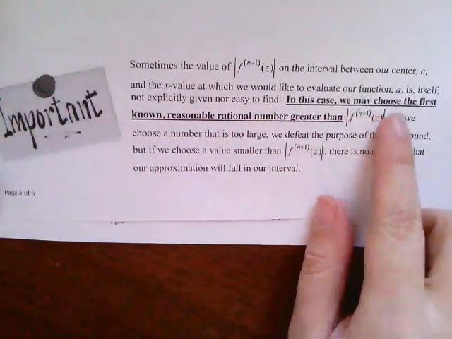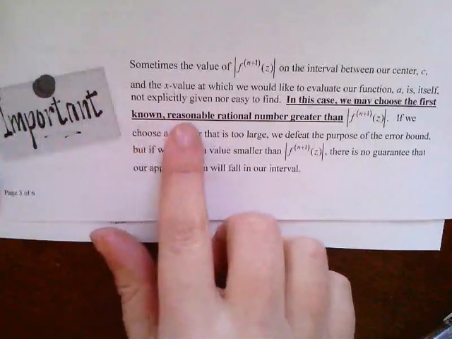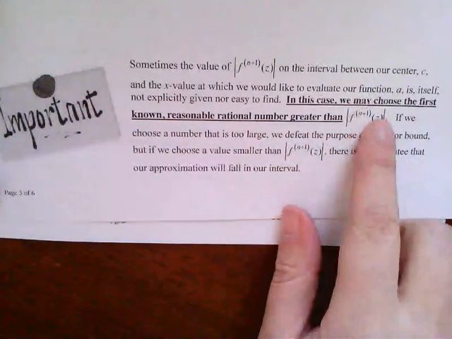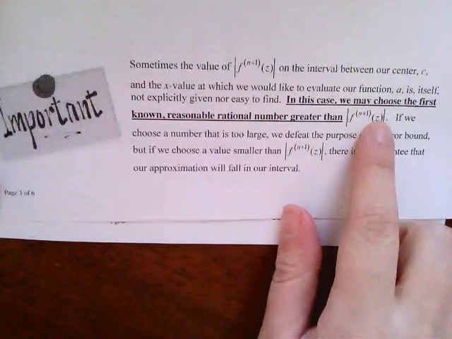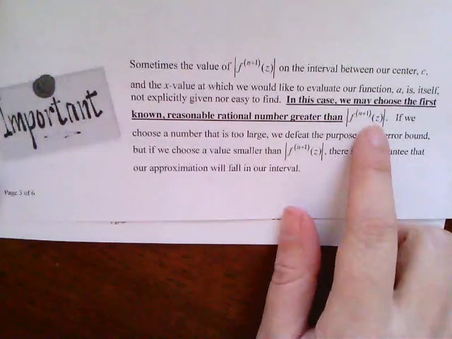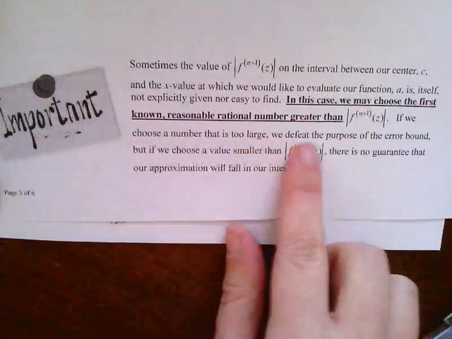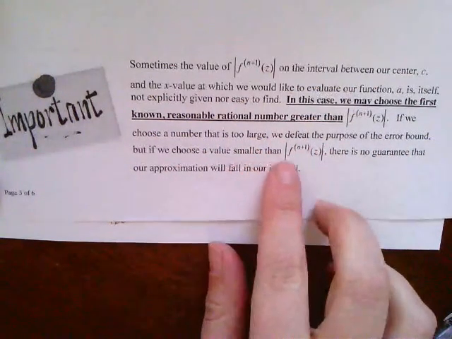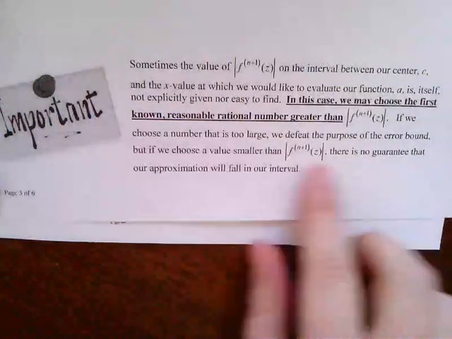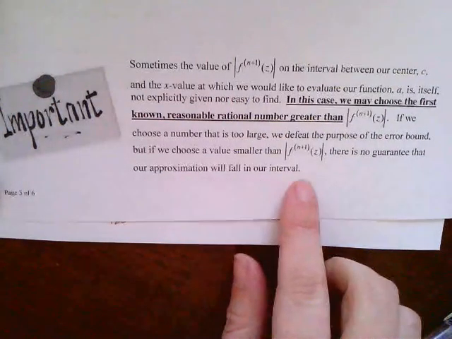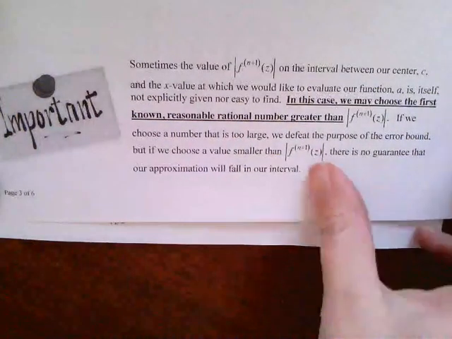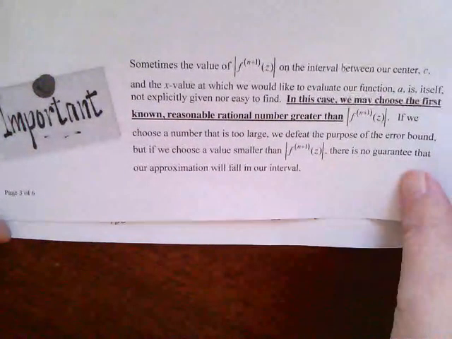So in this case, we may choose the first known reasonable rational number that is greater than our next derivative at that point. If we choose a number that is too large, we defeat the purpose of the error bound. But if we choose a value smaller than this, there is no guarantee that our approximation will fall in our interval. So we have to pick one that's a little bit greater but not too far off, which is what we just did in this example.